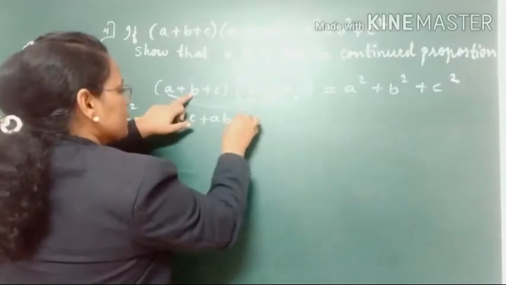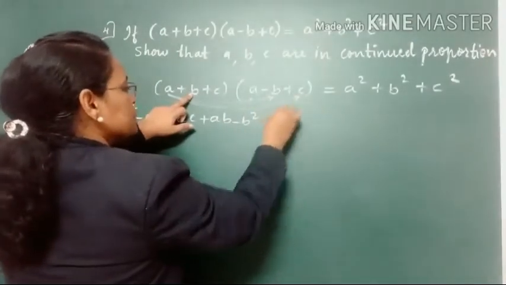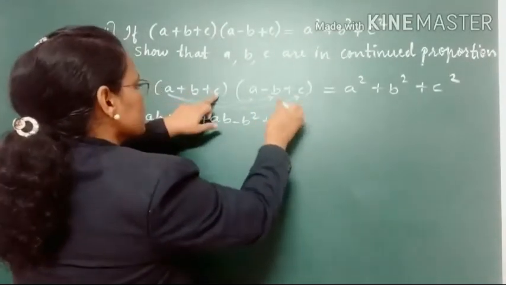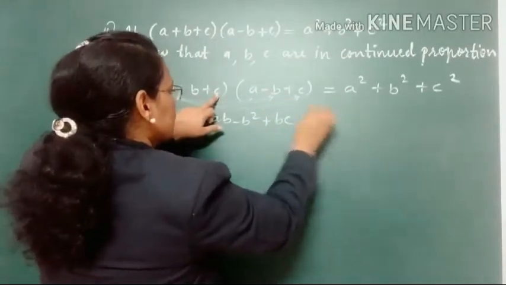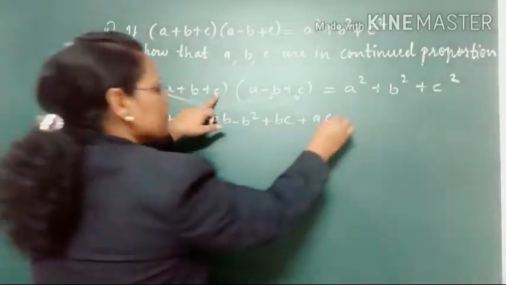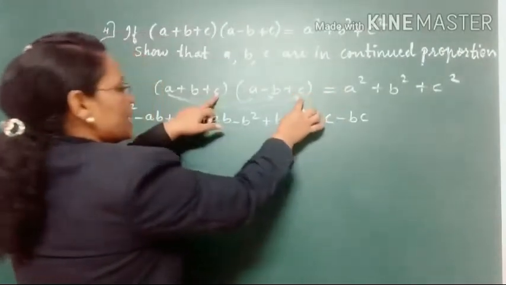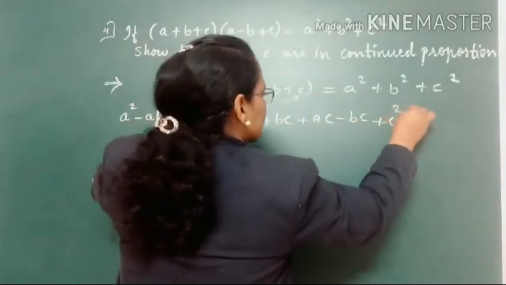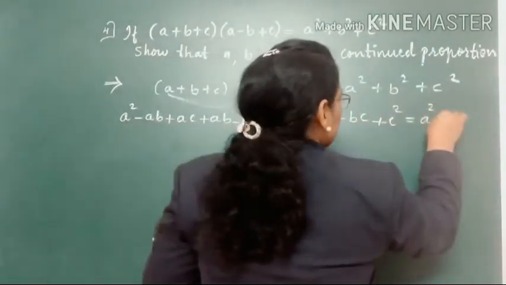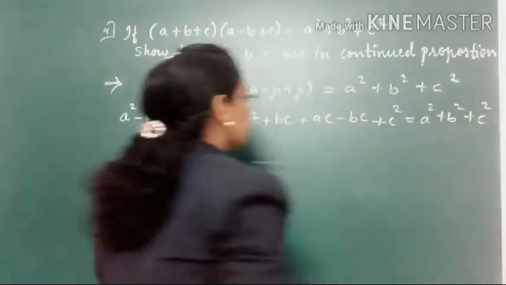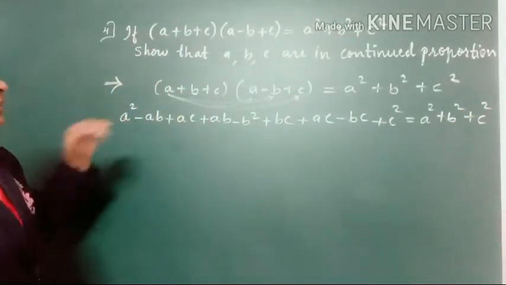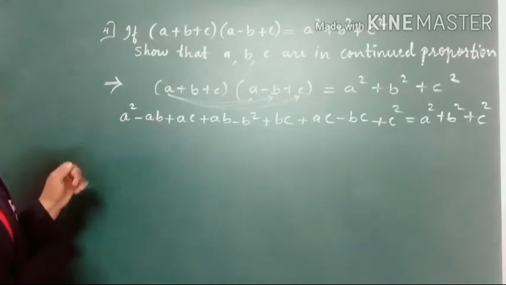B into negative B, that is negative B square. B into C, plus BC. C into A, plus AC. C into negative B, minus BC, and C into C, that is C square. Let's write here on the right A square plus B square plus C square. Whatever is possible, addition or subtraction, we will do.